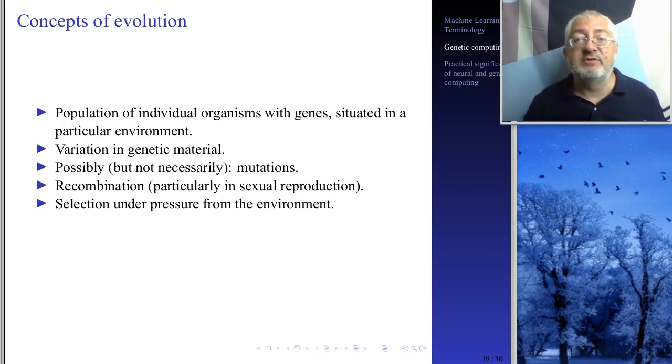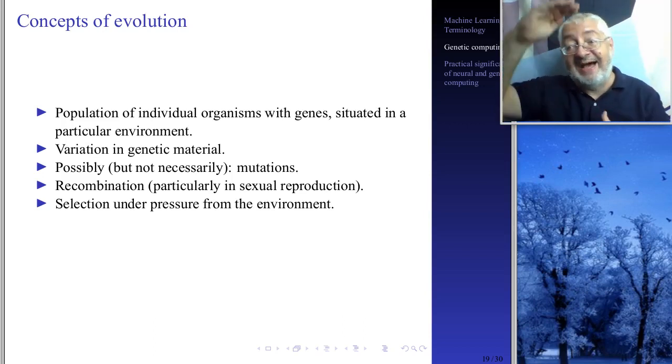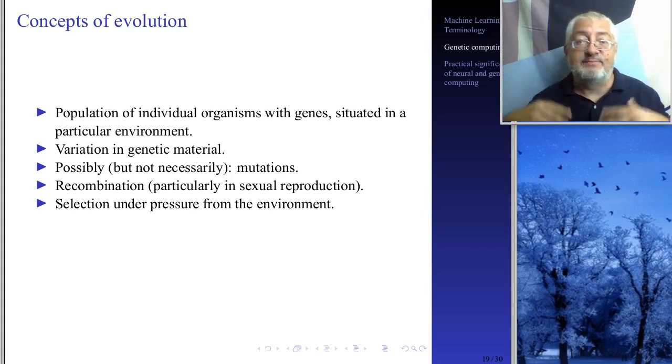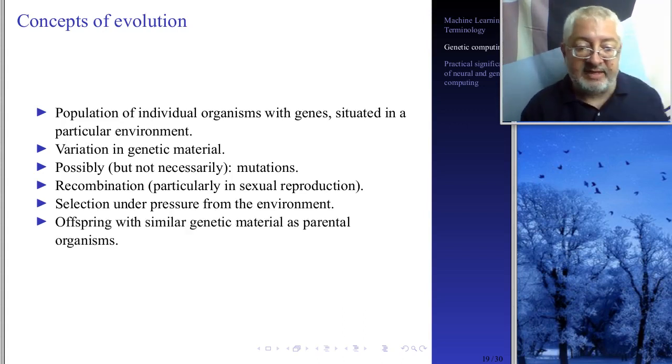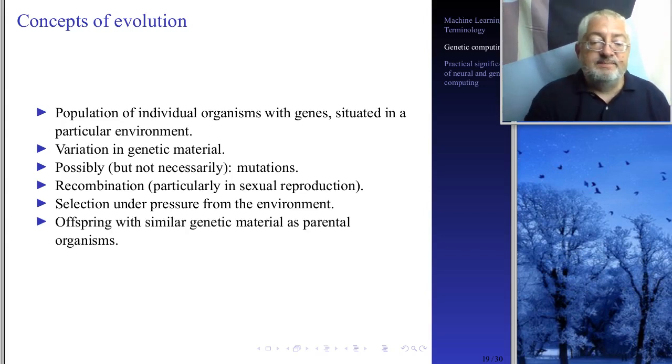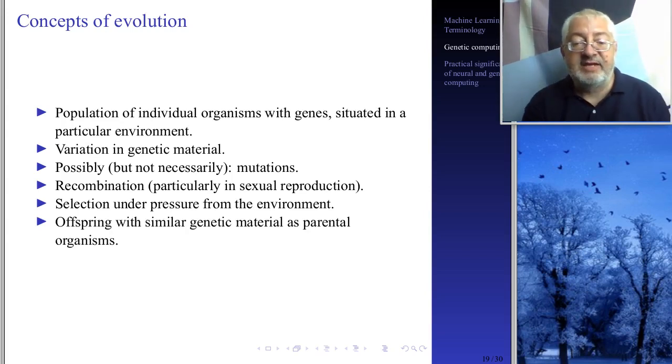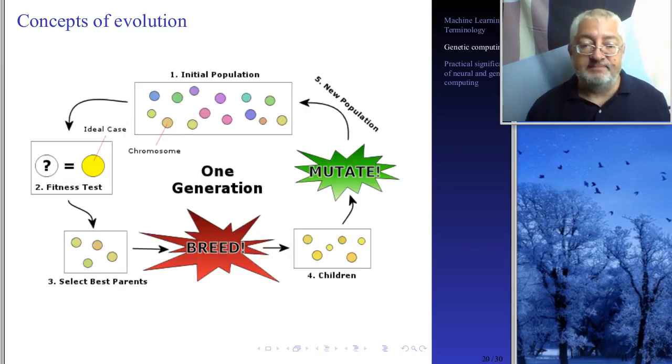So this is the pressure from the environment: the higher tree creates a pressure on the giraffes to develop longer necks, because only those with longer necks will survive if the trees grow higher. And because the offspring has similar genetic material as the parental organism, if the parents have long necks, then the children are likely to have long necks too, and this creates this adaptation of the giraffes to their environment.